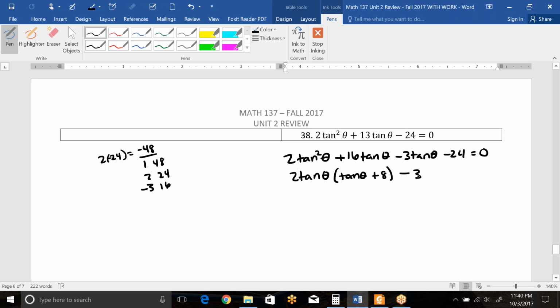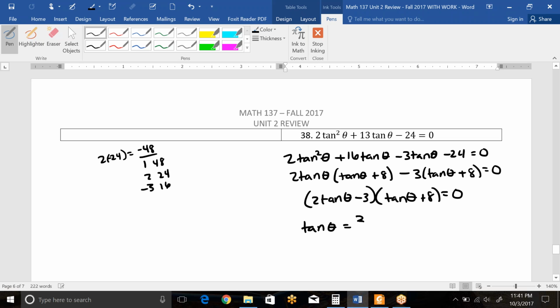Pull out a -3 out of the second pair, since it leads with a negative. That would also make that tan theta plus 8. That means we have a 2 tan theta minus 3 and a tan theta plus 8 equal to 0. So tan theta equals 3/2, or tan theta equals -8.